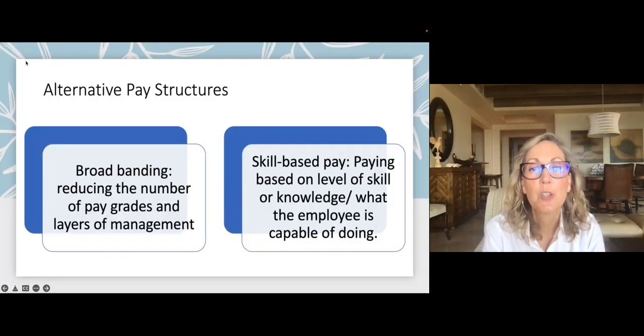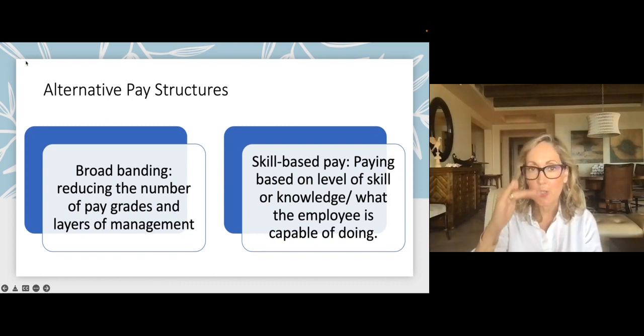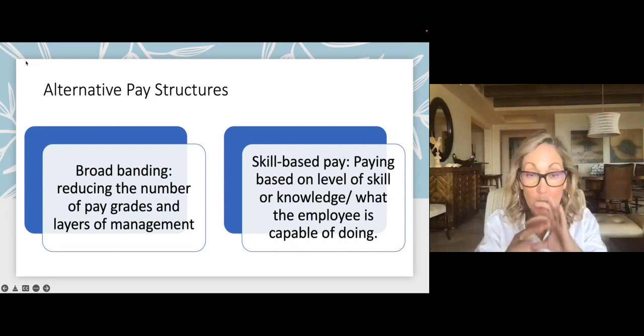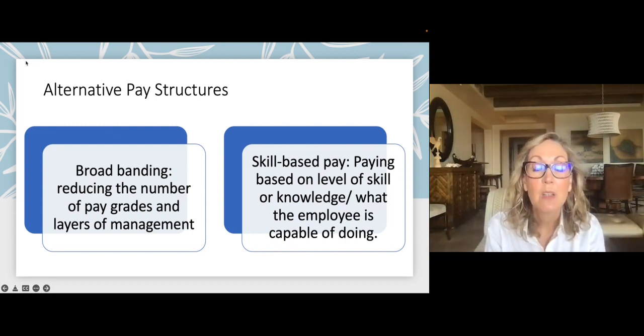Here's a couple of alternative pay structures that we might see out there in the world of work. One is called broadbands, where instead of having an org structure with a whole lot of layers, you reduce it without having a whole lot of pay grades that we just talked about.